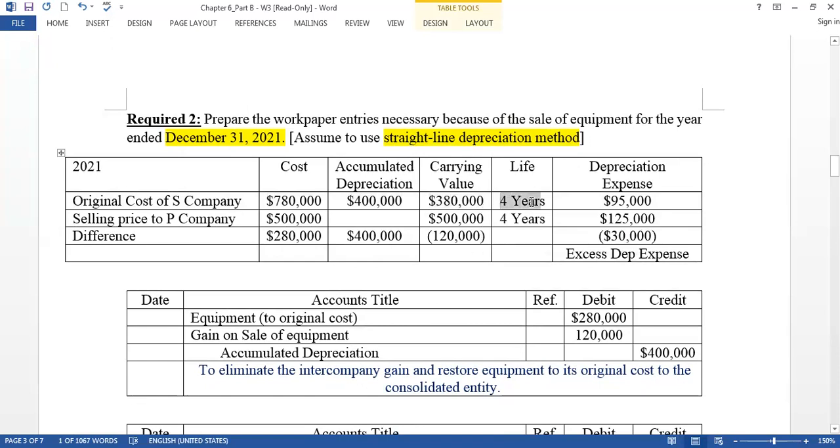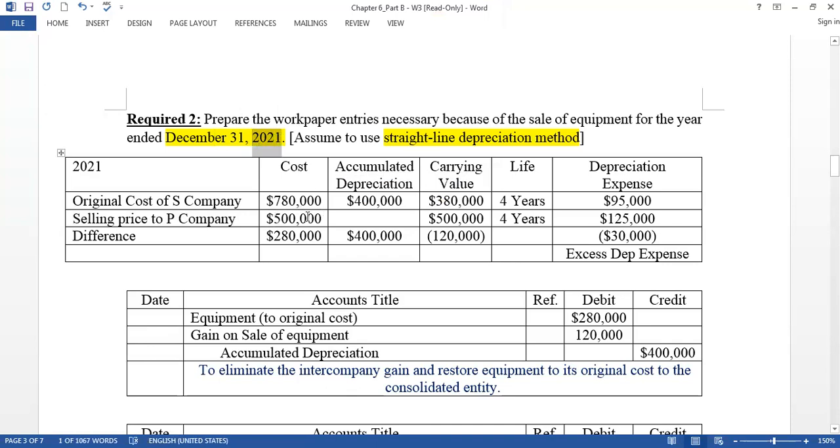We have 4 years remaining, divided by 4, and this is $95,000 depreciation for each year. Now this equipment goes to the parent company, and the parent company buys it by paying $500,000 in the year 2021.